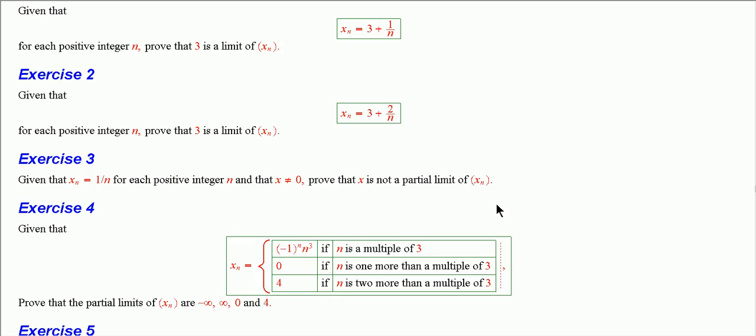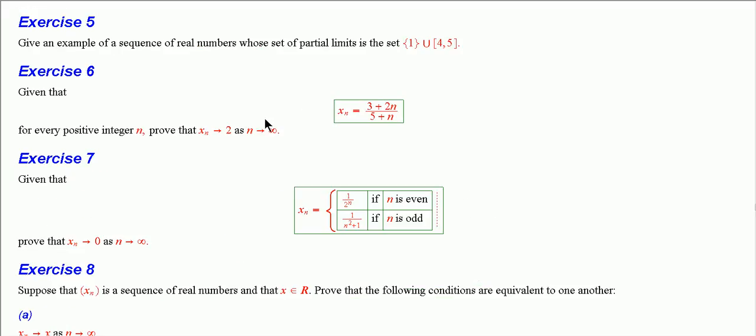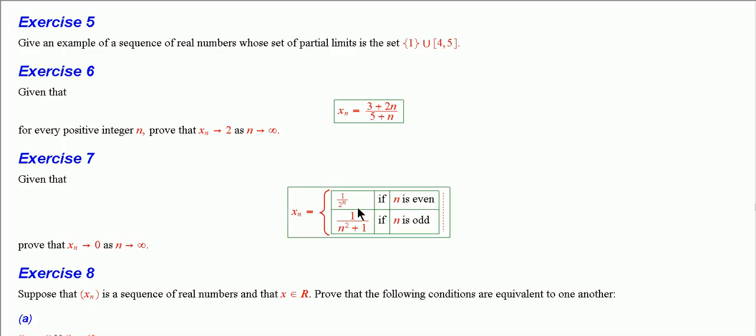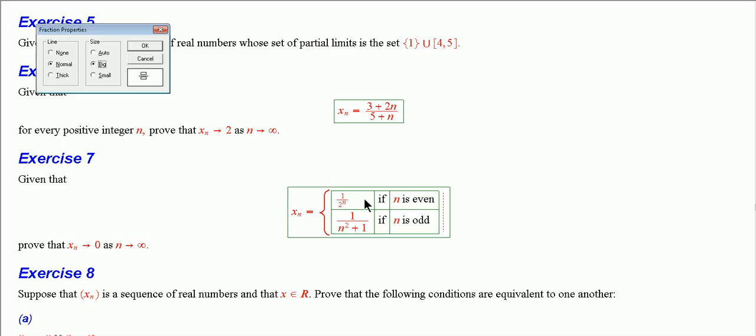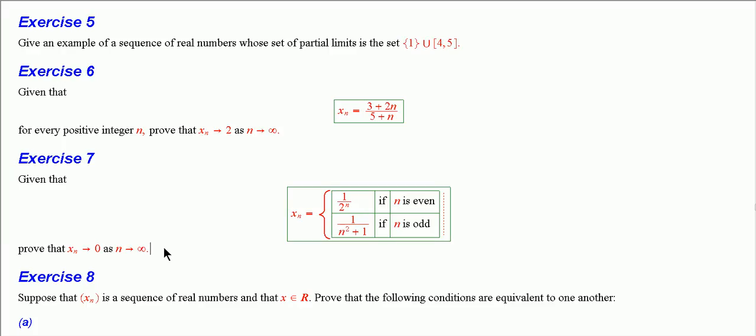Now, some of these are very similar. I'm going to ask you to rewrite, but I think I want to do number 7. I'm going to make these fractions bigger so that you can see easily what we have.